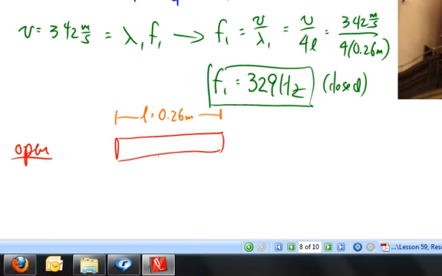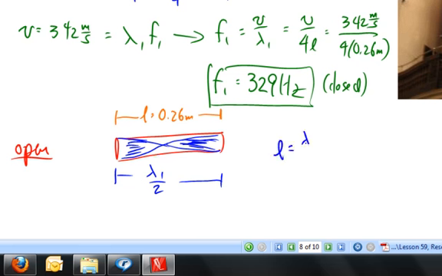Now let's do it for an open pipe. I still have a 26 centimeter long pipe, but now if it's open at both ends, then I'm going to have antinodes at both ends. So let's sketch the standing wave pattern for that. I can get half of a wavelength in for resonance inside an open pipe, so that L is equal to λ/2 for the open pipe.